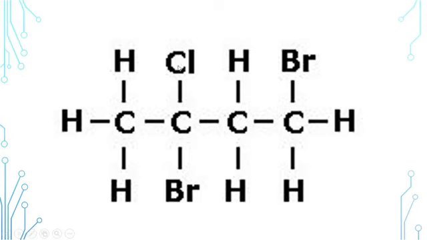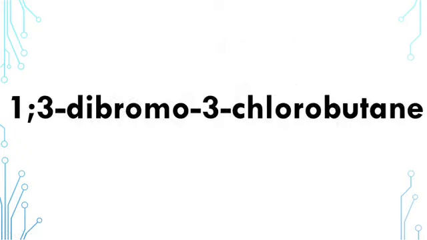Now we have a chlorine atom in carbon number 3, that's 3-chloro. Now what is the name of this one? 1,3-dibromo-3-chlorobutane. Now if we're following the alphabetical order rule, why do we have a D coming before C?